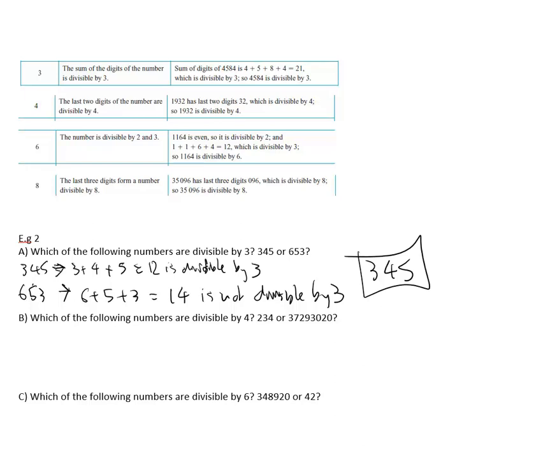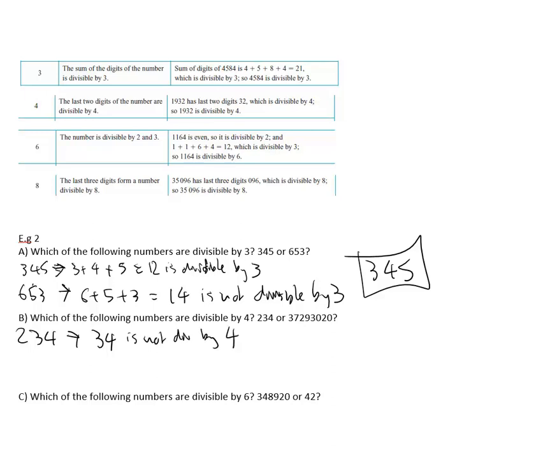Okay, which of the following numbers are divisible by 4? Remember, for our test before, just look at the last 2 digits and work out if they are divisible by 4. So for 234, we know that 34, can 4 go into 34? It goes into 32, but it doesn't go into 34. So we can say it is not divisible by 4.